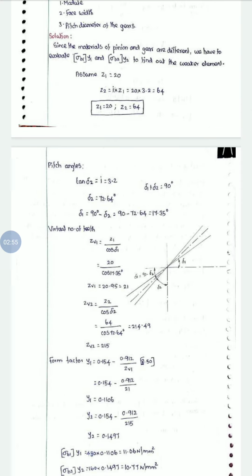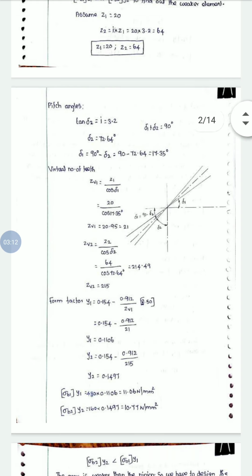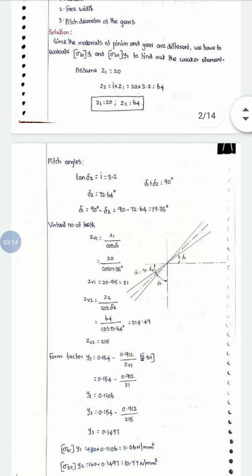Since the materials of the pinion and the gear are different, we have to evaluate sigma b y1 and sigma b y2 to find out which one is the weaker element. We know sigma b1 and sigma b2, but we have to find y1 and y2.